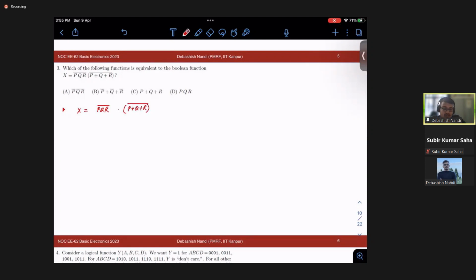So you see one thing, that whenever you have this kind of complex form and you have a single implicant sign, always use De Morgan's formula. Okay, you know De Morgan's formula for two quantities. This is nothing but A bar plus B bar, right?